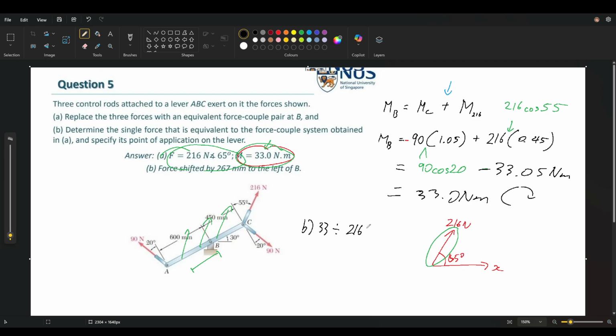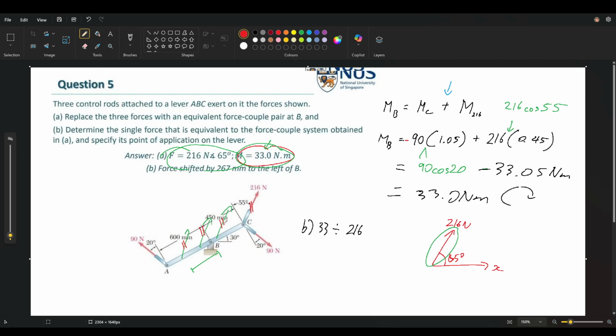I believe in this case, we shouldn't use 65, but we should use 55, because now our x-axis is along ABC. However, your force should still be with reference to absolute x, okay? So basically, this line should be parallel to this line, parallel to this line, parallel to this line.